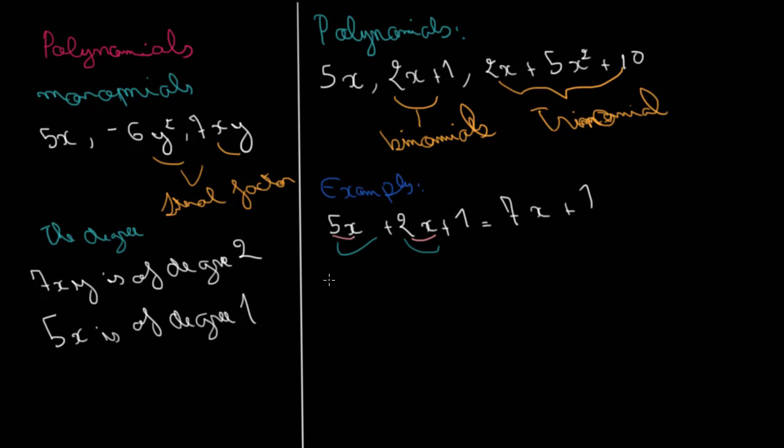So it's 2x squared plus x. Here's a very simple example of a polynomial.